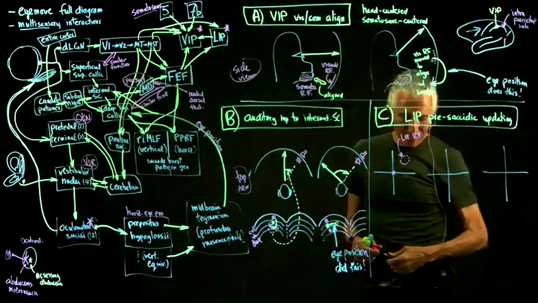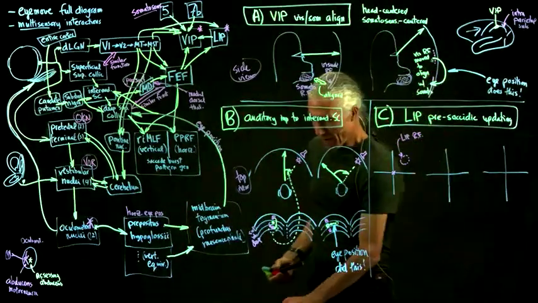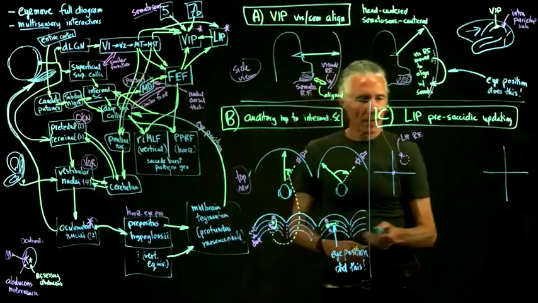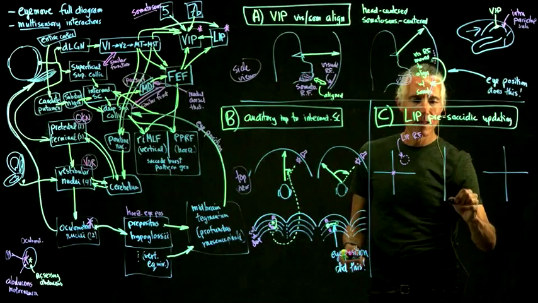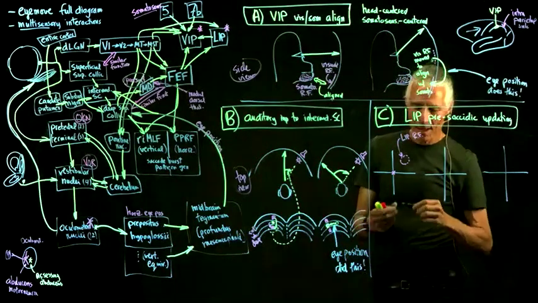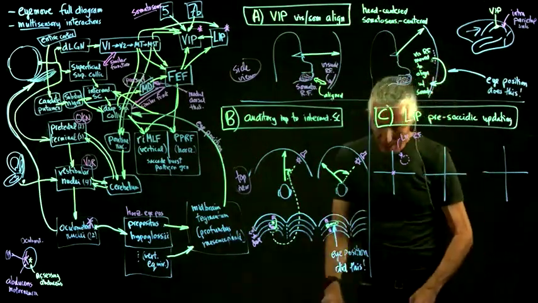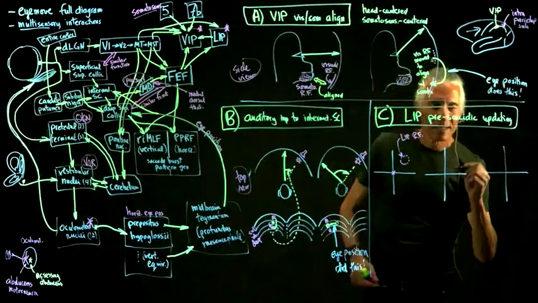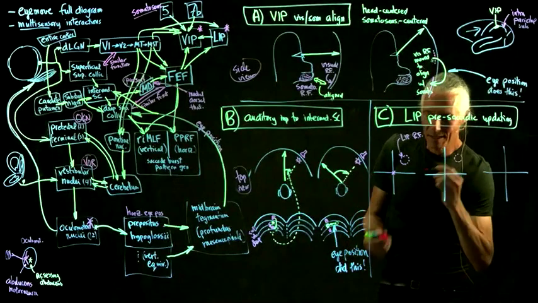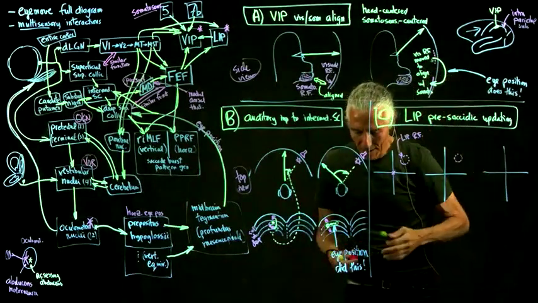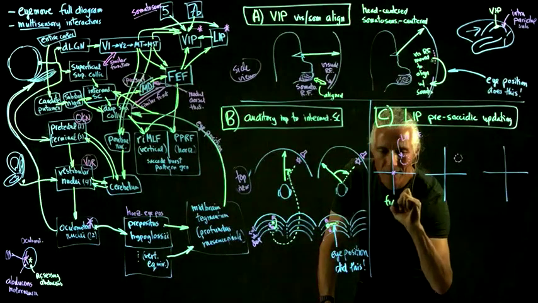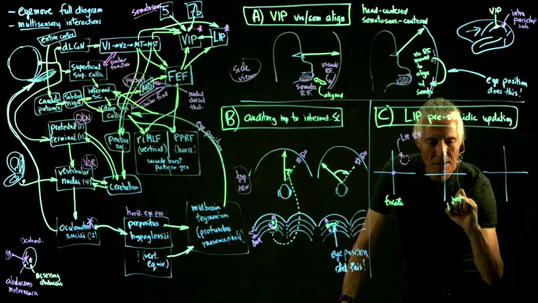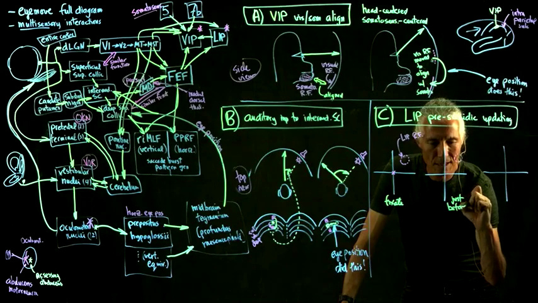Okay, so now the animal gets ready to make a saccade somewhere. So you need a target. Maybe you put a tiny target up, and turn it off. And so now the animal's getting ready to make a saccade. So this part is fixate, and this is just before the saccade, like 50 milliseconds before.